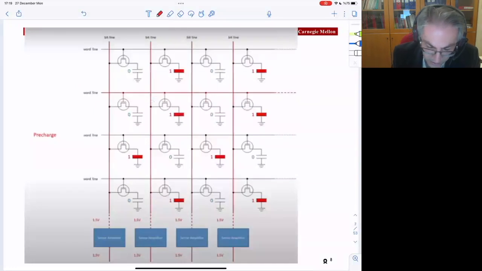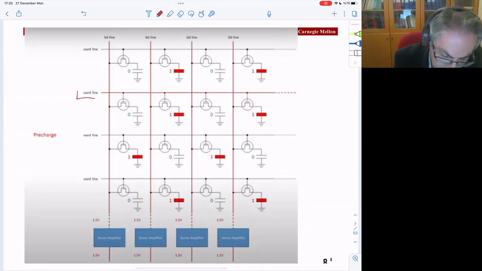Now, how it works is, when we want to read, imagine that I want to read from this particular line. You can see that the way I stored things, I stored 0 here, there's no charge. I have a 1 here, it's charged. I have a 0 here, I have a 1 here.